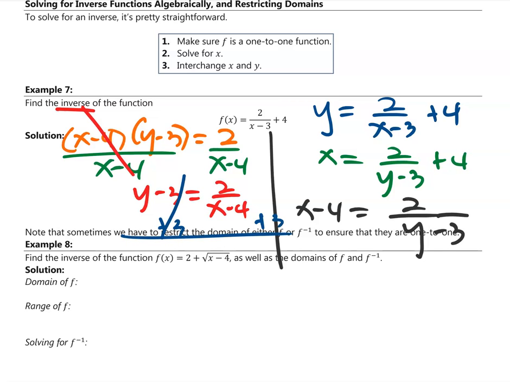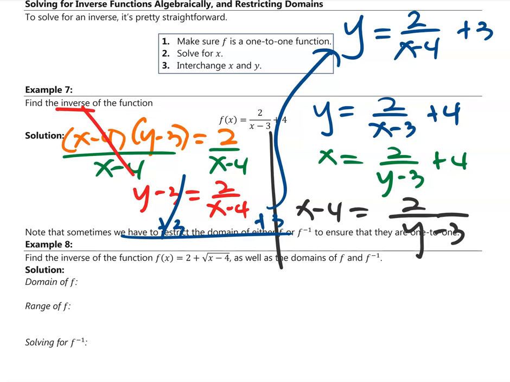So y equals 2 over x minus 4 plus 3. Now after you solve for that y, that is now the inverse.